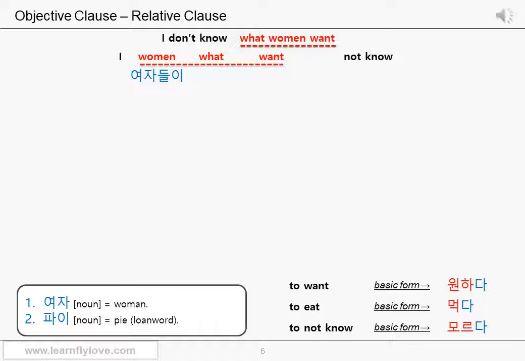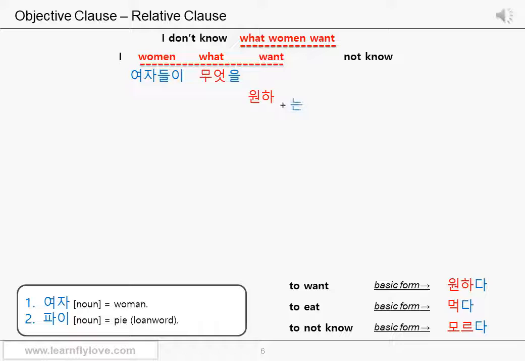여자들이. What is 무엇? Yes, you use the same translation you used for an interrogative what. And it's an object of the verb of the clause want. So let's add the object particle 을. 무엇을. Want. The basic form of the verb want is 원하다. 원하 is the stem.